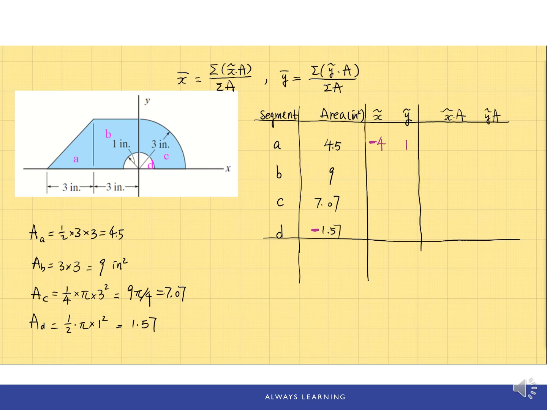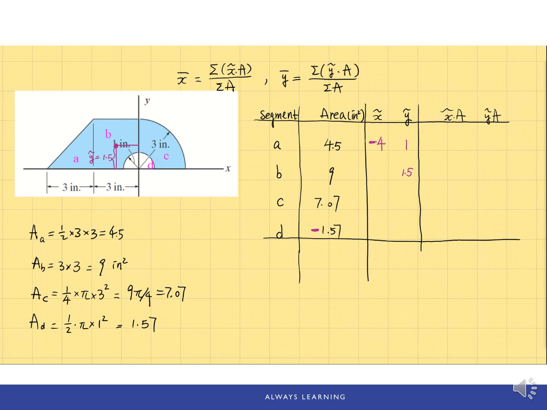Next, for this rectangle B, the centroid is located in the center, and the distance to the x-axis is half of 3, which is 1.5. So that is y tutor. So y tutor equals 1.5. Now x tutor, same idea.